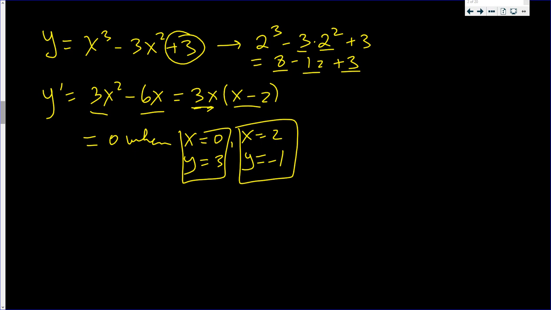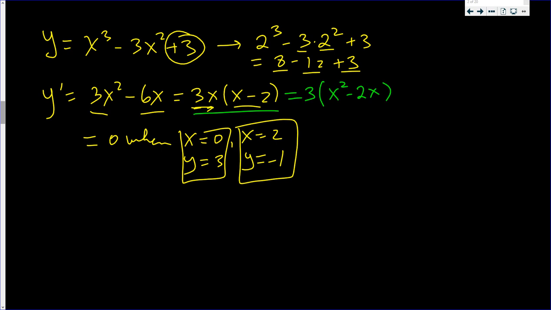Okay. Now, we do the same thing for the second derivative. Probably the best form to have the first derivative in is not completely factored form, but just factor out the common number, no x's. Let me be sure.